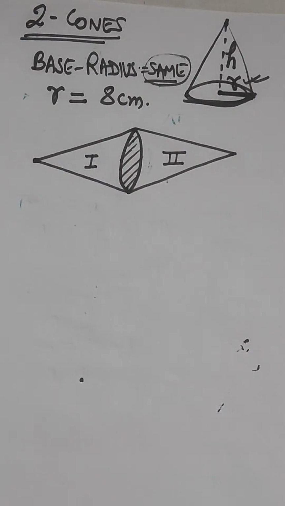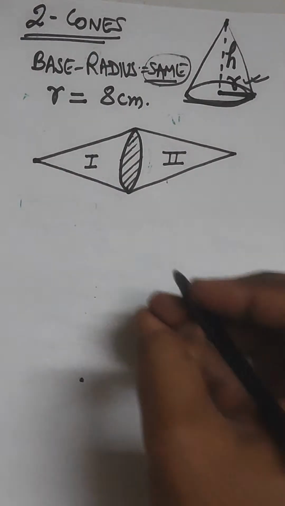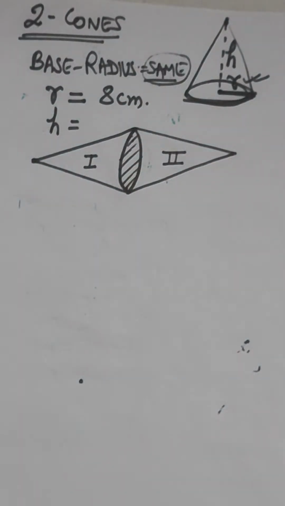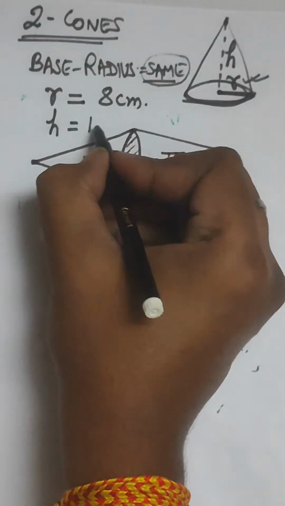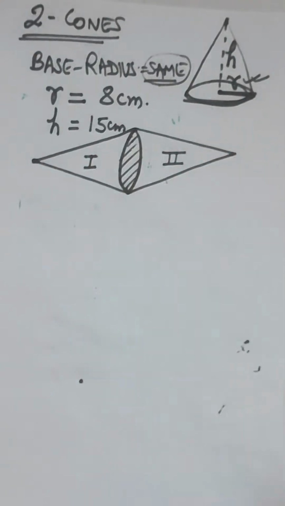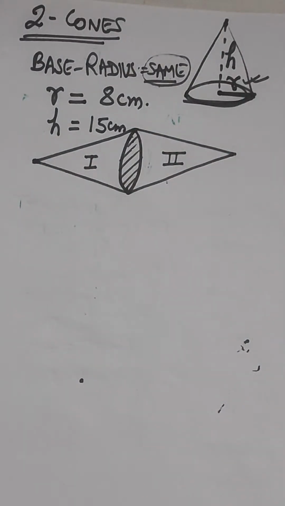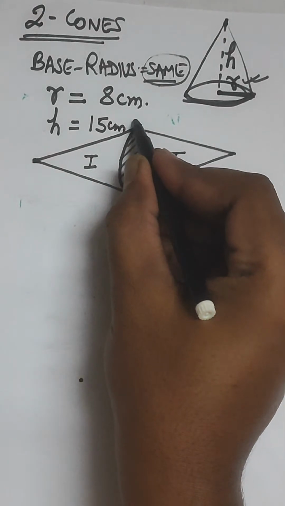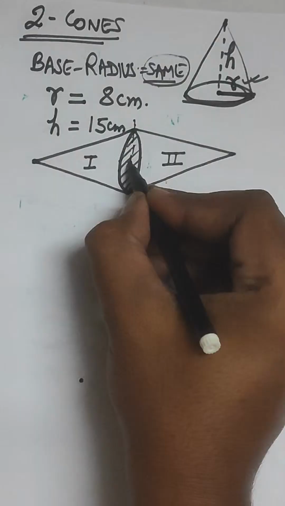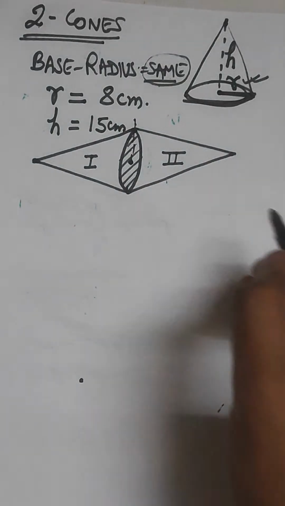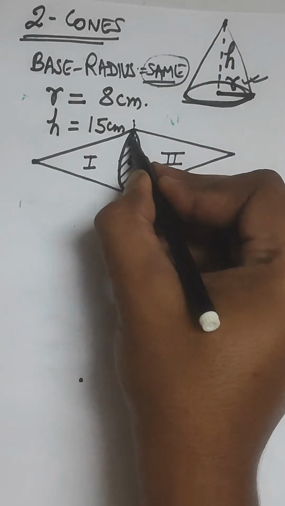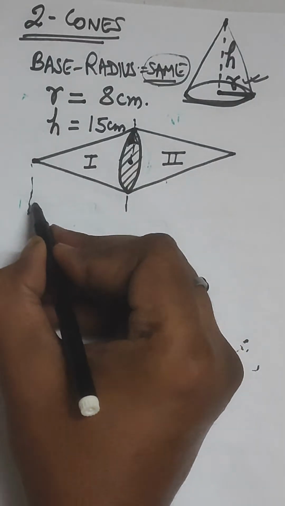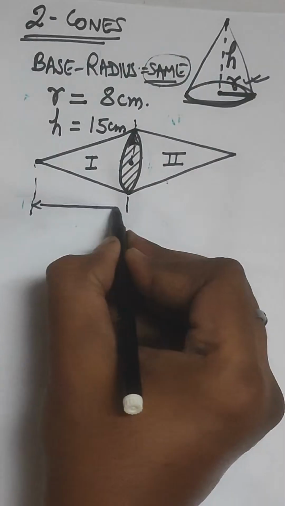Here the height of both the cones is given to you, that is equal to 15 cm. So where will that height go? If this is the base radius till this point, then from here, this is the apex of the cone when lying horizontally.